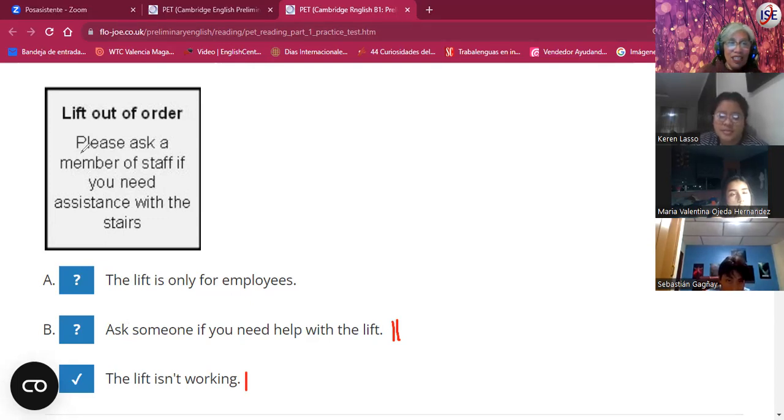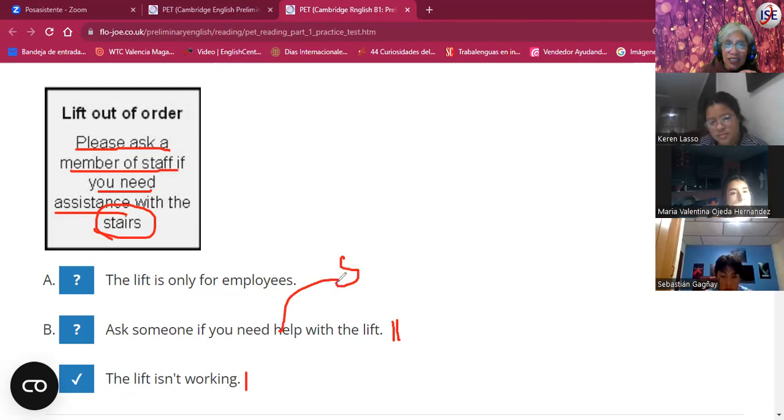Okay, not only that. Ask a member of the staff if you need assistance with the stairs, not the elevator. So they need help with the stairs.